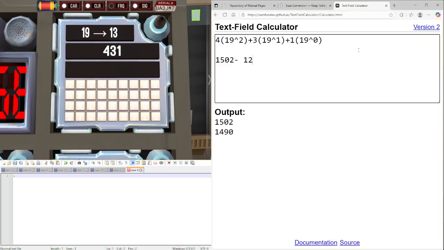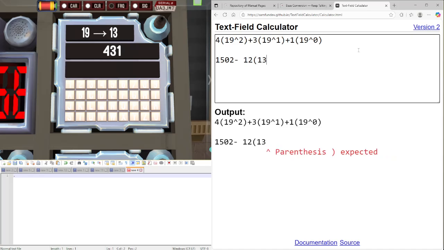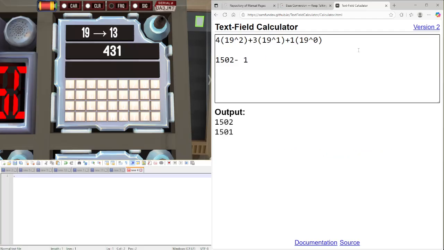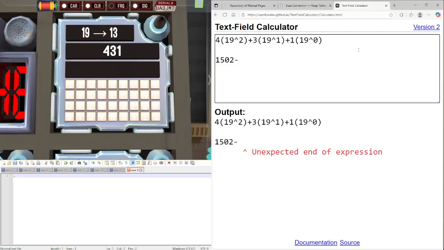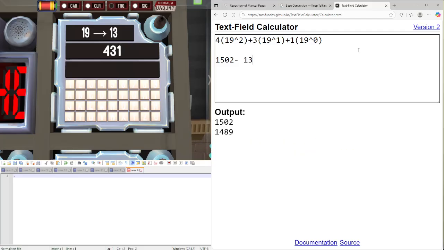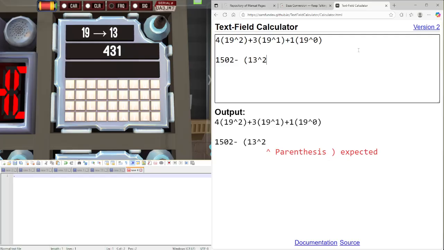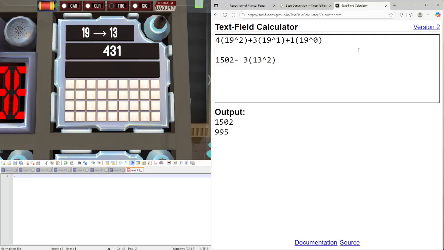You can have 12 times 13 to something, but you can't have 13 times 13 to something, because that would just be the next power up. So 13 to the third, does that go in there? No. The second does, and it's not going to go in more than once. Actually, it is going to go in more than once, because the bottom number is just all we have left, sorry.